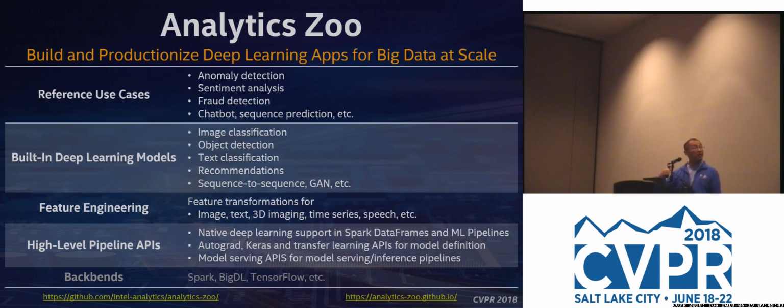Then it provides various built-in feature engineering operations as well as deep learning models, so you can directly use them inside your application. It also provides several different reference use cases, for instance, for anomaly detection, for fraud detection, and so on. It's an open source project on GitHub, and you can take a look for the details.